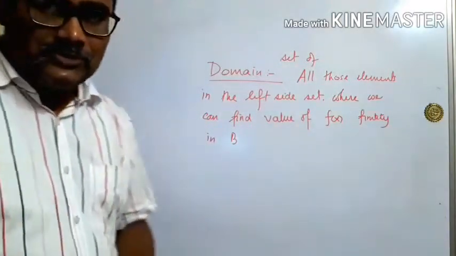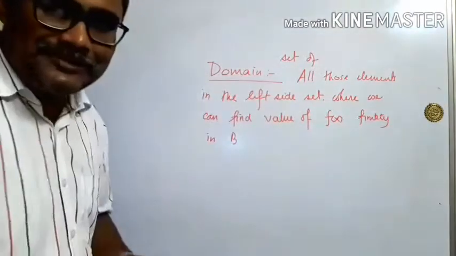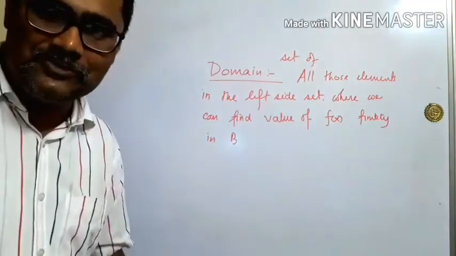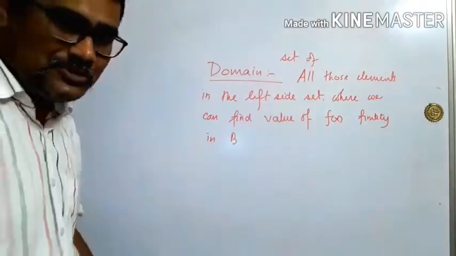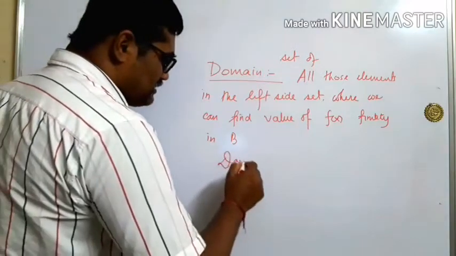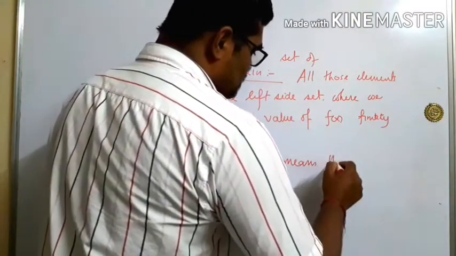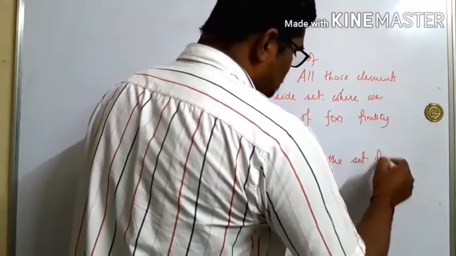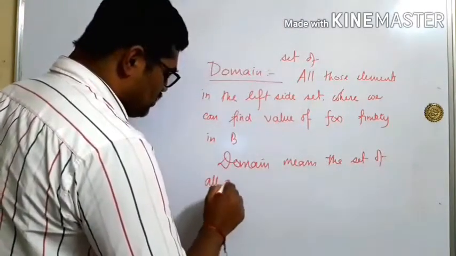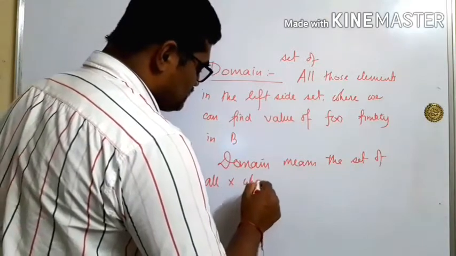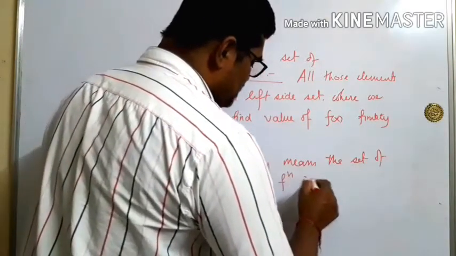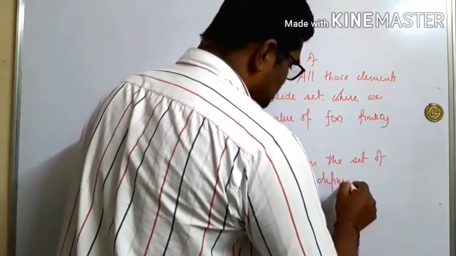Am I clear to you? So this whole thing we write as what? There is a mathematical word we use: domain means the set of all x where the function is defined, right?